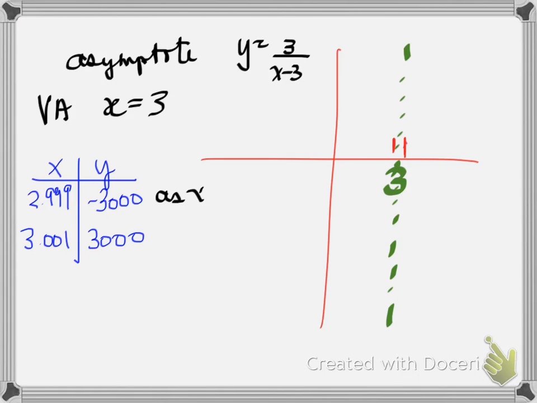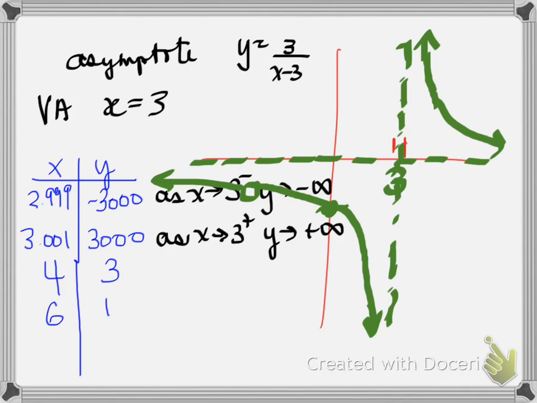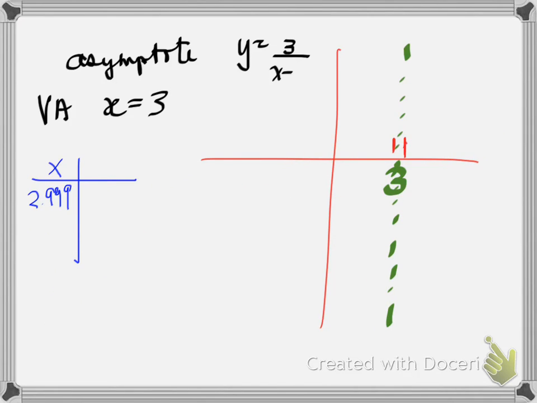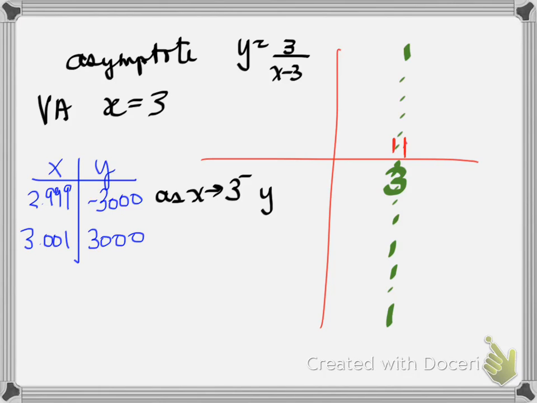For example, as x approaches 3, now that's too much writing there, folks. So let's go backwards a bit, just so that you have seen it. As x approaches 3 from the negative side, so from the left, you will get the y values approaching negative infinity, because when I plugged in a number really close to 3, I'm already getting a very large negative number.